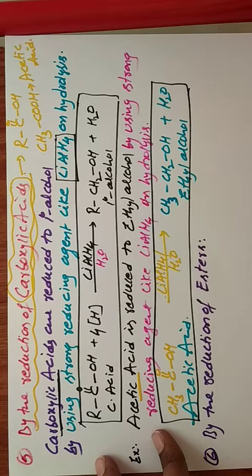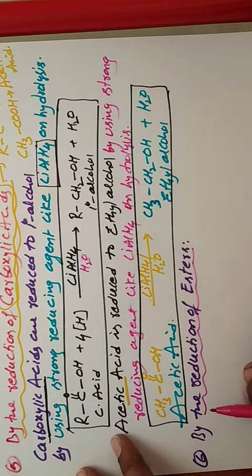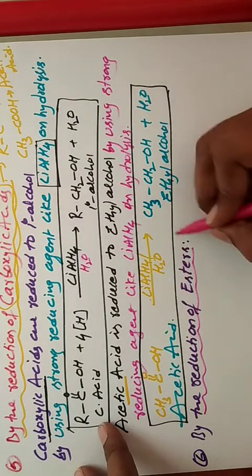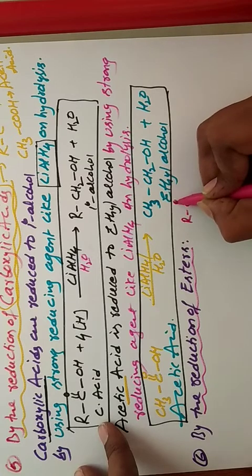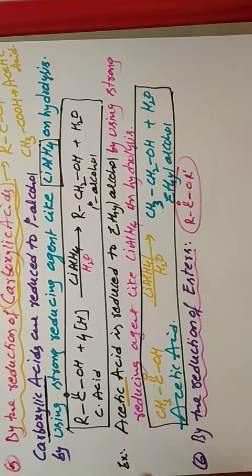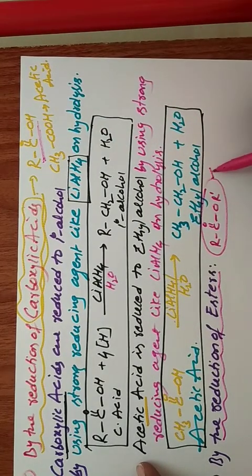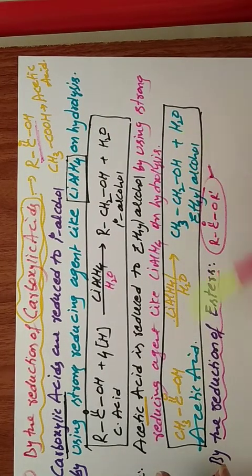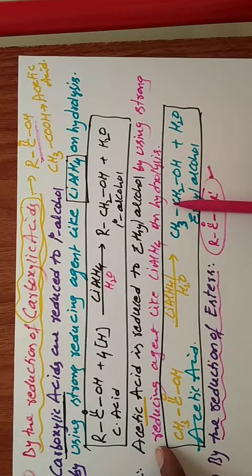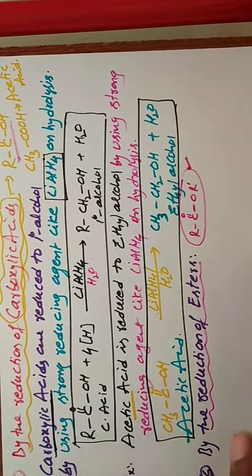What is the general formula? R–C(=O)–OR'. This is the ester general formula. Compared with carboxylic acid COOH, this is an ester. Suppose you remove the oxygen, R–C(=O)–R' is a ketone. If you add OR', that is the ester. So esters undergo reduction and we get a mixture of alcohols, primary alcohols.